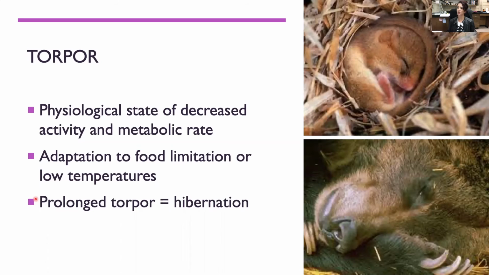Torpor is a physiological state of decreased activity and decreased metabolic rate. This is usually in response to extreme lows in temperature or inaccessibility to food. So there's some sort of extreme pressure in the environment. Either it can't get warm enough or it can't find enough food, and therefore it goes into a state of torpor or decreased metabolic activity.